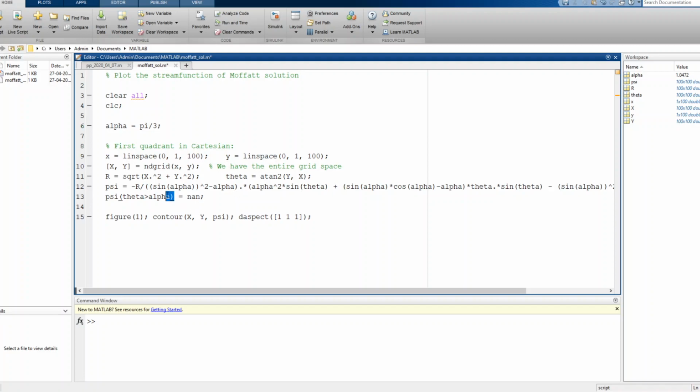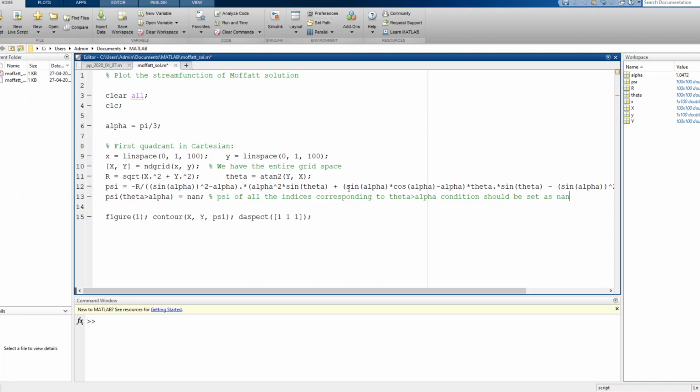So the meaning of this is, find all those indices which correspond to theta greater than alpha, and the psi of all those indices should be set as nan. Okay. This is essentially what this particular line means.